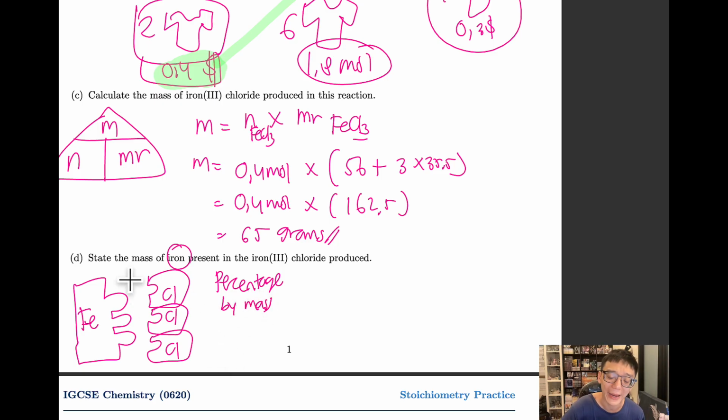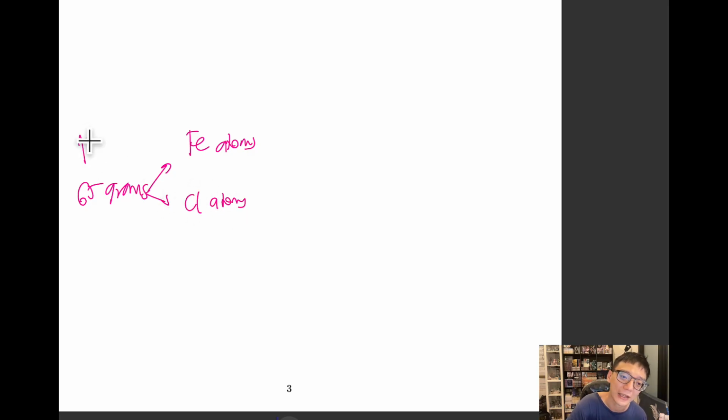So now FeCl3. If we want to consider only the mass of the Fe, then we have to know what is the percentage of Fe atom inside this 65 grams, right? Because for example here, 65 grams is divided into Fe atoms and Cl atoms in FeCl3.